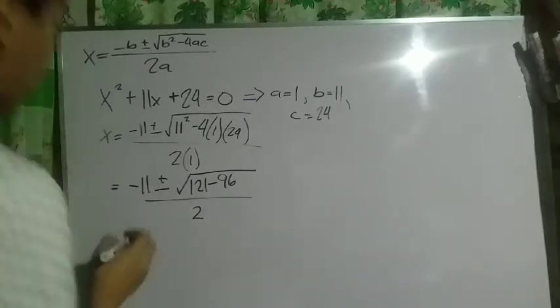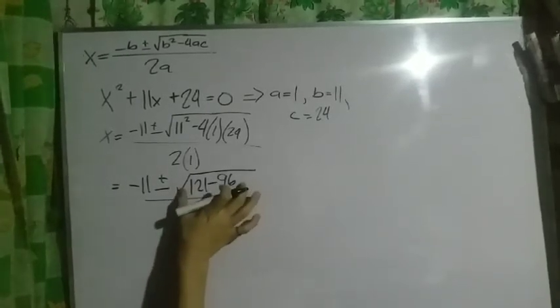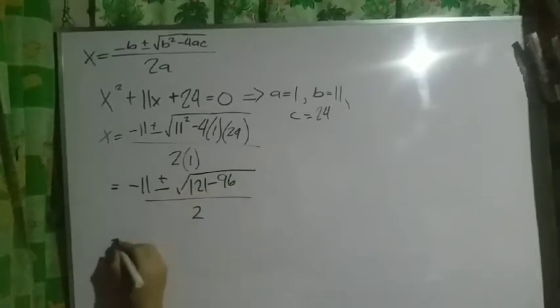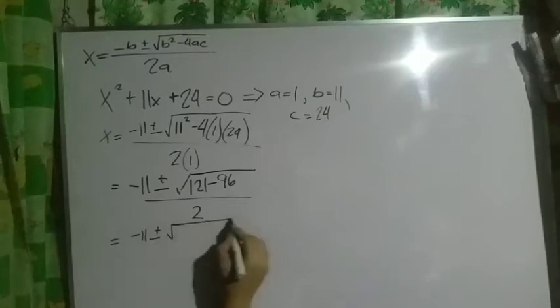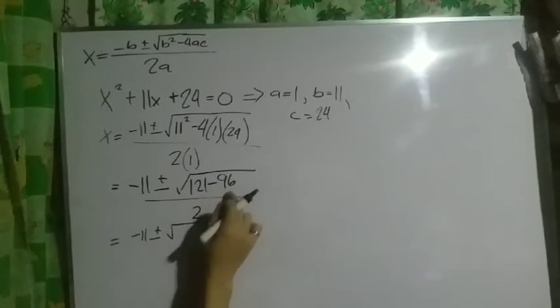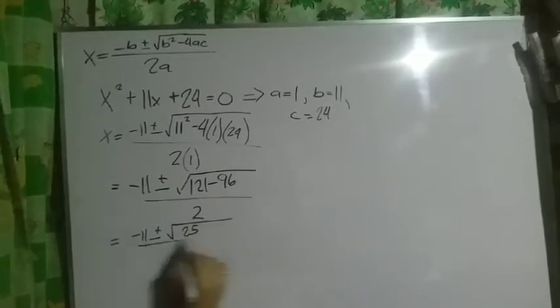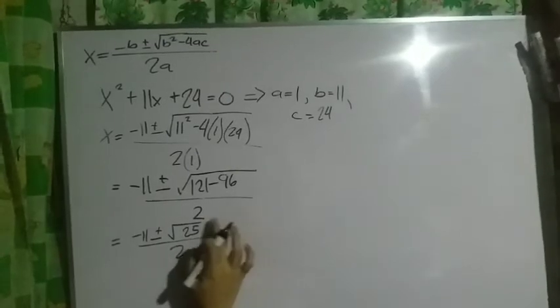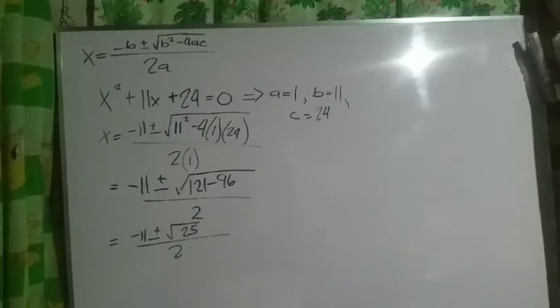So next you will subtract, or evaluate, or simplify. It's equal to negative 11 plus or minus square root of 121 minus 96, which is 25, over 2. So the next step is you will find the square root of 25, which is 5, and you will write it like this.